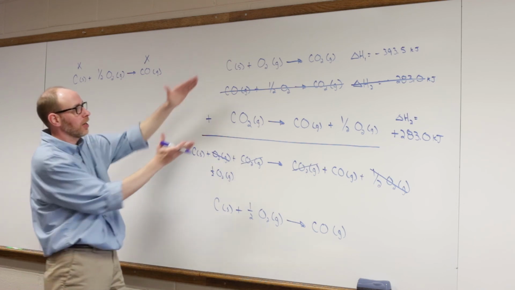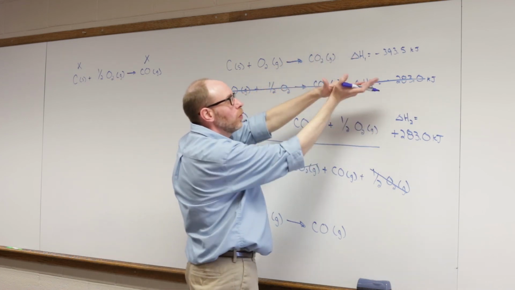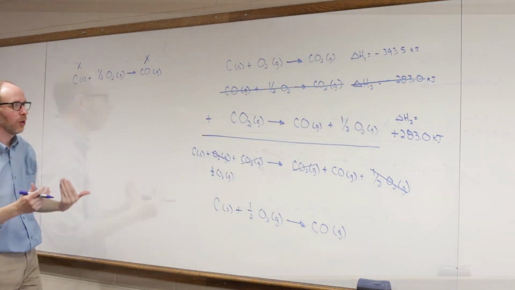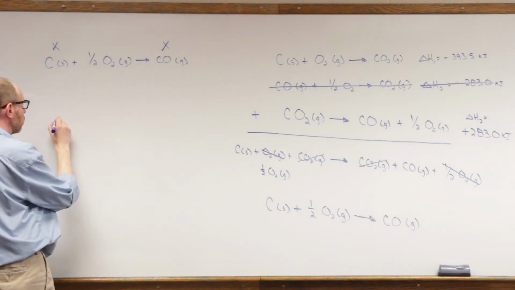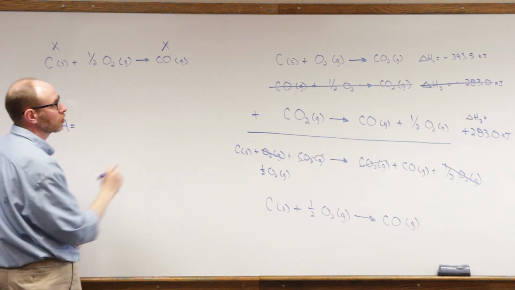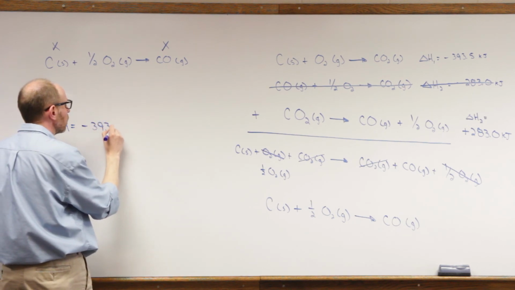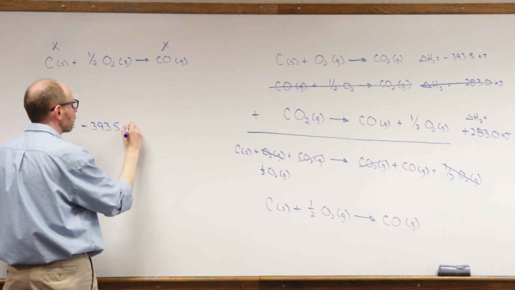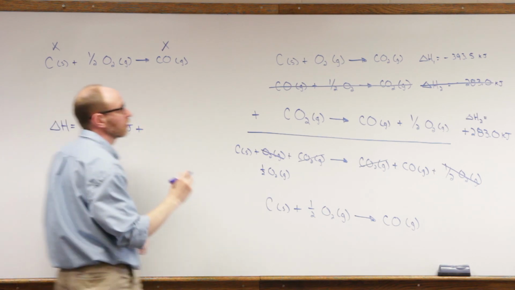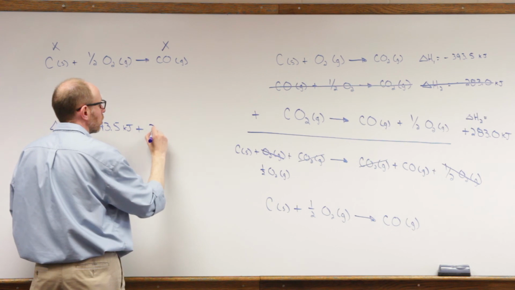So just like we added those 2 equations together, we can take the enthalpies of those 2 reactions and add them together. So the enthalpy of this reaction is just going to be equal to minus 393.5 kilojoules plus 283.0.